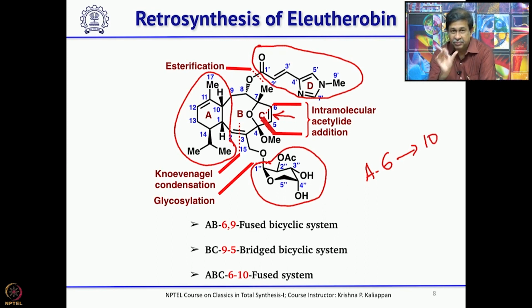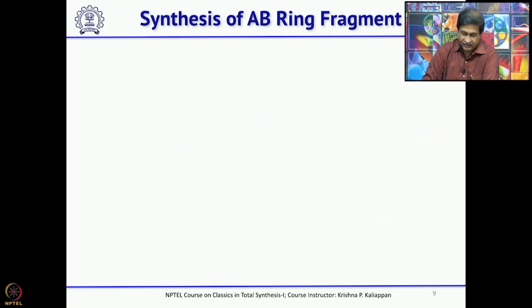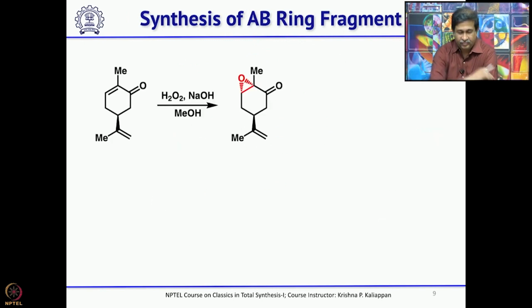So, the 10-membered ring is the combination of B and C ring. Then the 10-membered ring he converted into 9 and 5. B and C ring he formed from the 10-membered ring. That is how he made essentially 6, 9, 5 tricyclic ring. Okay. Let us see how he did this.